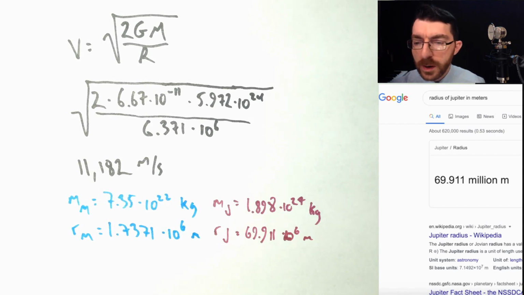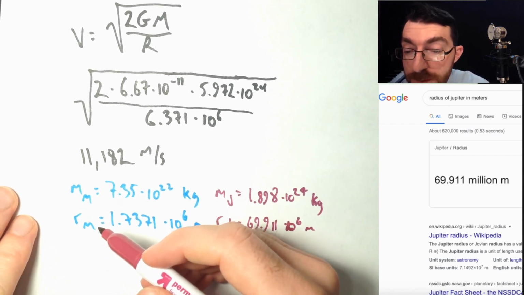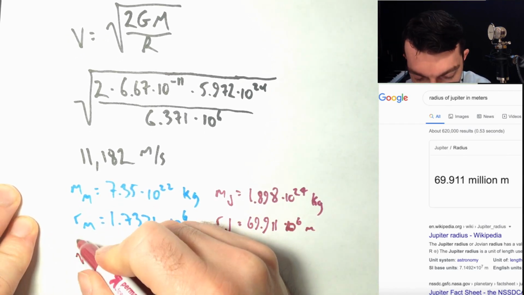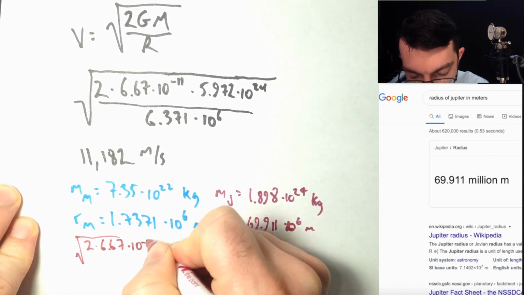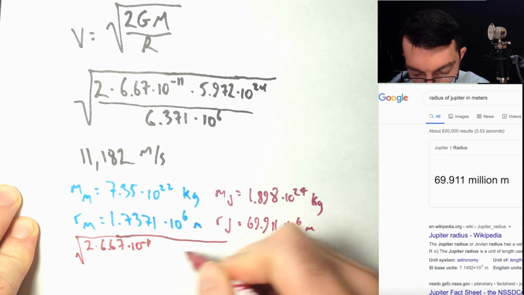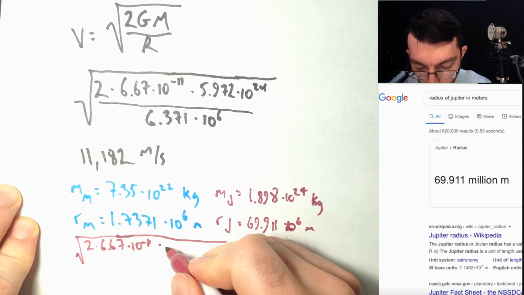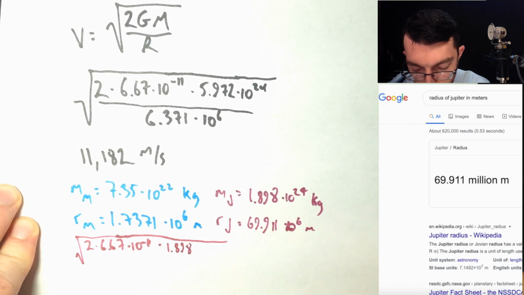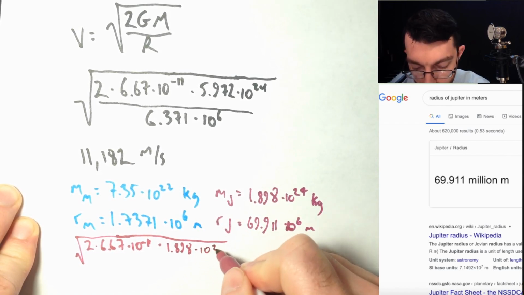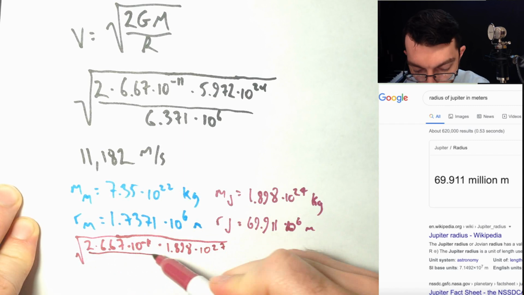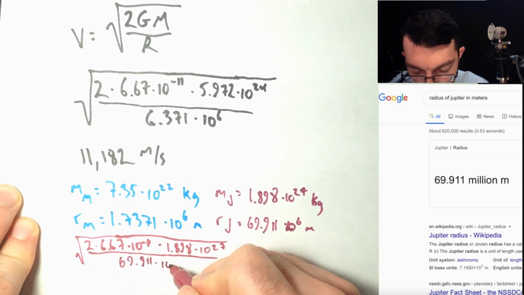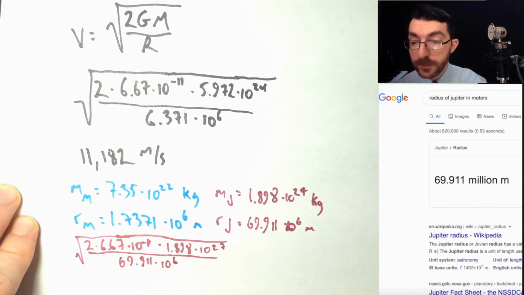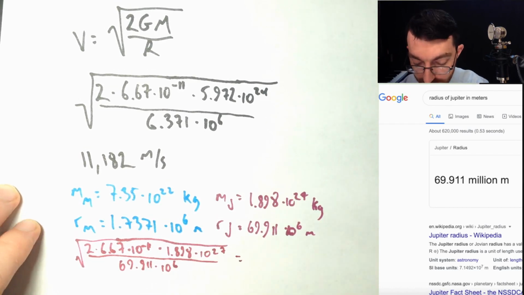So if we're going to do this with Jupiter, it means I will be doing, let me just scroll this a bit, the square root of 2 times 6.67 times 10 to the negative 11th times 1.898 times 10 to the 27th all over 69.911 times 10 to the 6th. And that's going to be the escape velocity of Jupiter.